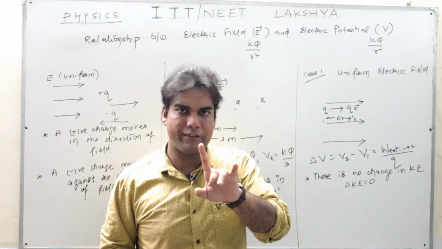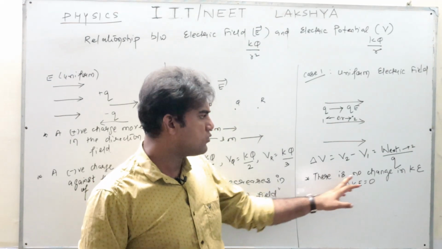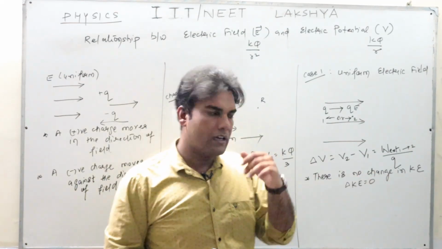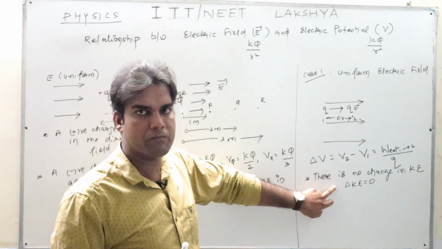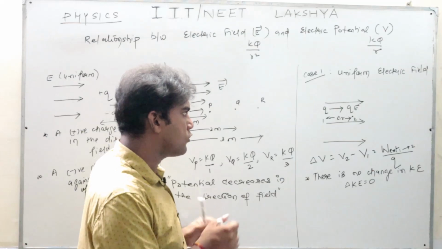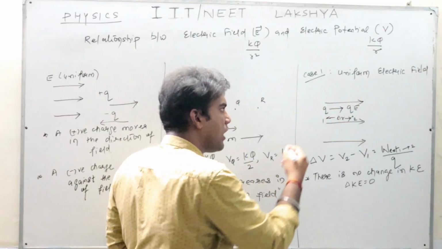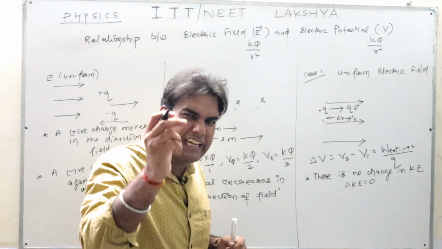That is our objective also. But it should move very, very slowly, so that there is no change in kinetic energy of the particle. That is the concept actually. For this you can refer to my previous video, in which I have explained it elaborately. So what I am going to do here is, since this charge will move in this direction, I am going to apply an almost equivalent force, but a little less.